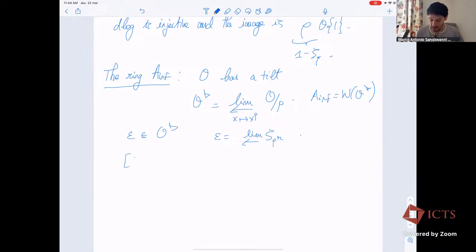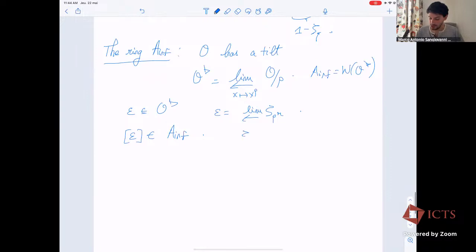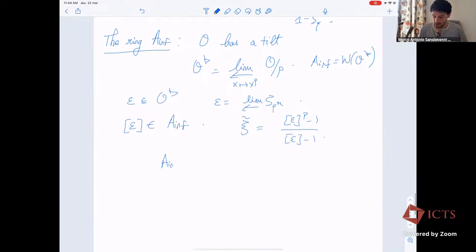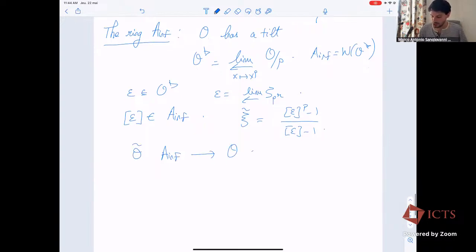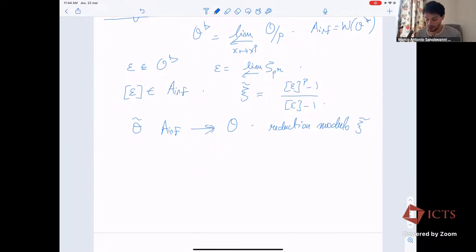And then I can take a Teichmüller lift, which lives in A-inf. And you can consider the element that's usually denoted by psi tilde, which is epsilon to the p minus 1 over epsilon minus 1. And you have a map, A-inf, theta tilde, goes to O, which is reduction modulo psi tilde. So this is a surjection. Okay, so the kernel is generated by this psi.